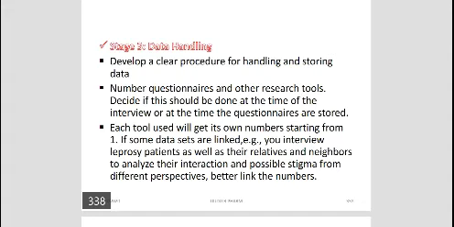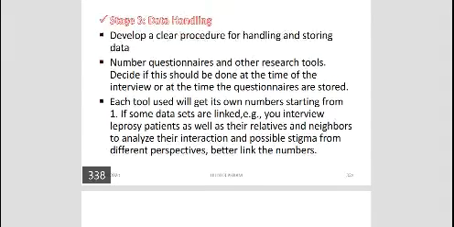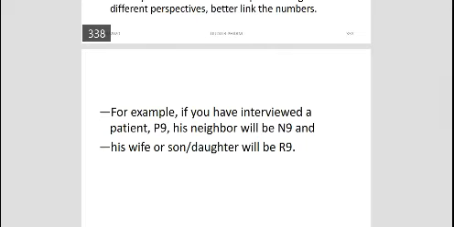If some data sets are linked, for example, you interview leprosy patients as well as their relatives and neighbors to analyze the interaction and the possible stigma from different perspectives, better link the numbers. For example, if you have interviewed a patient P9, his neighbor will be N9. Then we get it, because whatever stigma you want to find, the neighbor's data relates to this case P9.